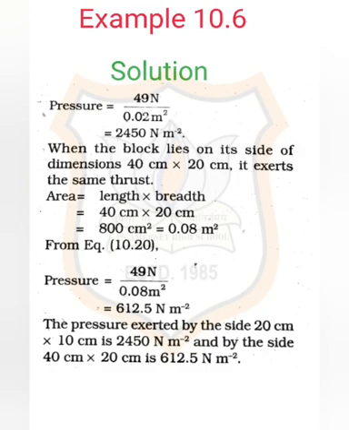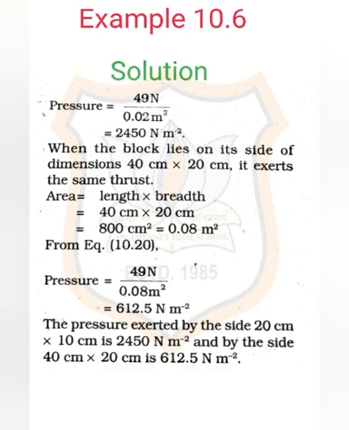But we have to find the answer in meter square, so it will be 0.08 meter square. And again on applying the pressure formula, pressure is equal to thrust upon area, we will have 49 Newton upon 0.08 meter square, this time the second case. And on solving this we will get the answer 612.5 Newton per meter square.